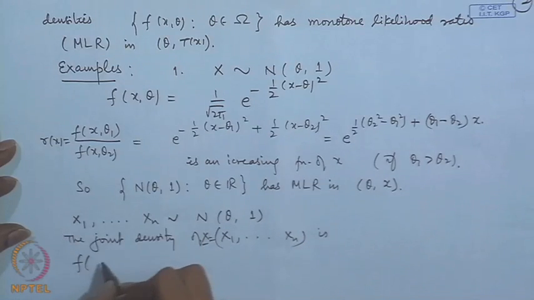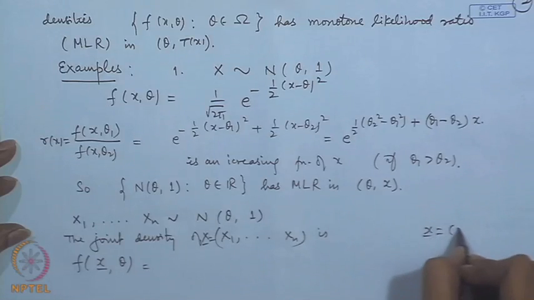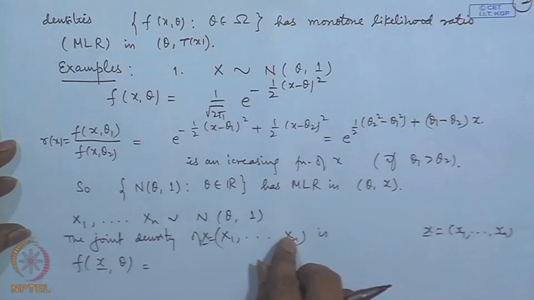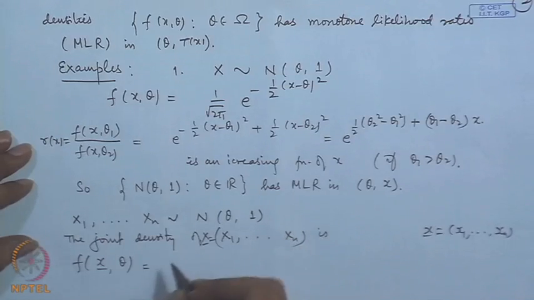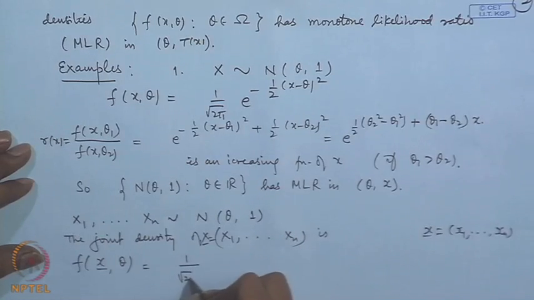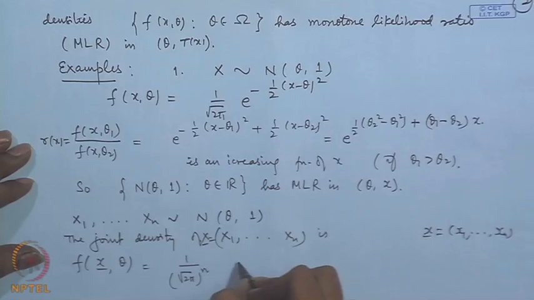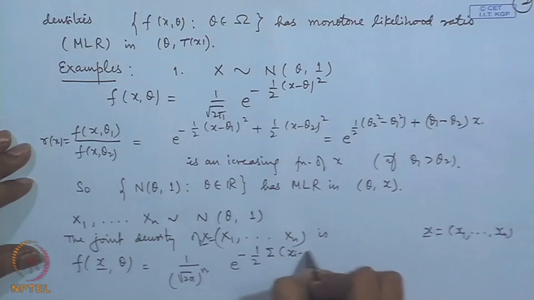So, let me give the notation f(x), where x is standing for the values x 1, x 2, x n of capital X 1, capital X 2, capital X n. So, this becomes 1 by root 2 pi to the power n e to the power minus 1 by 2 sigma (x i minus theta) square.